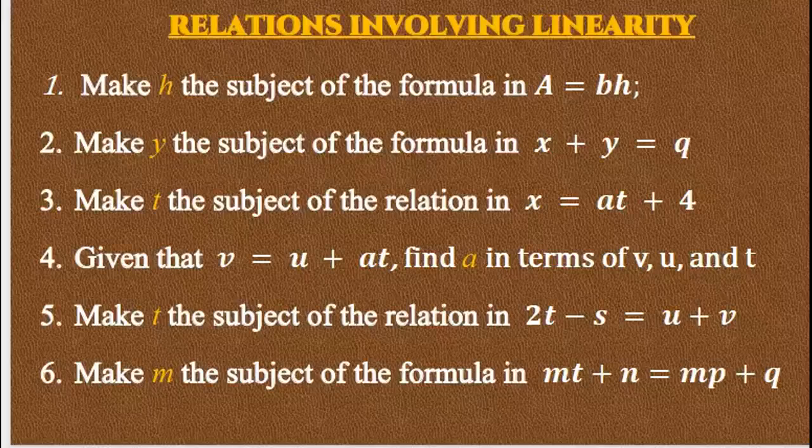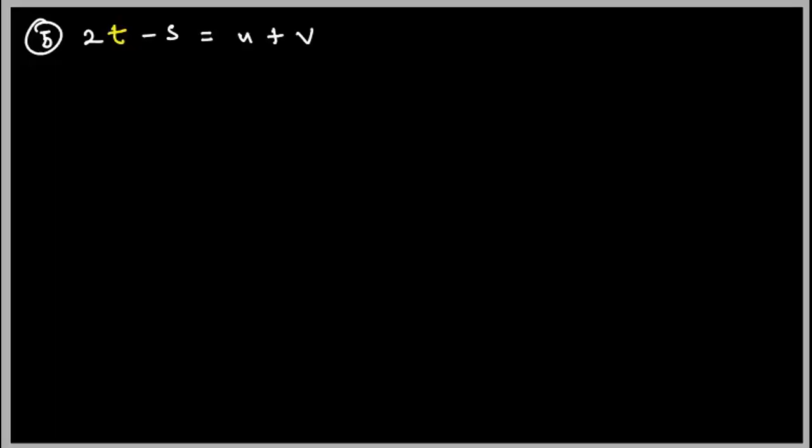We have to make t the subject of the relation 2t minus x equals u plus v. Now, we are lucky enough, t, which we are asked to make subject, is on the left hand side already. So there's no point here trying to rearrange.